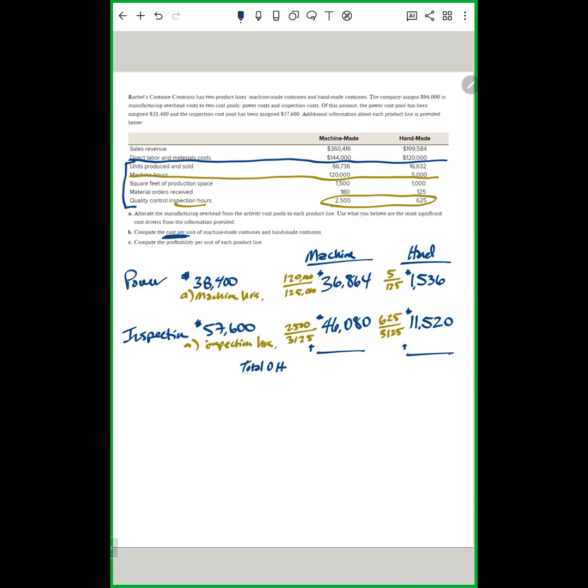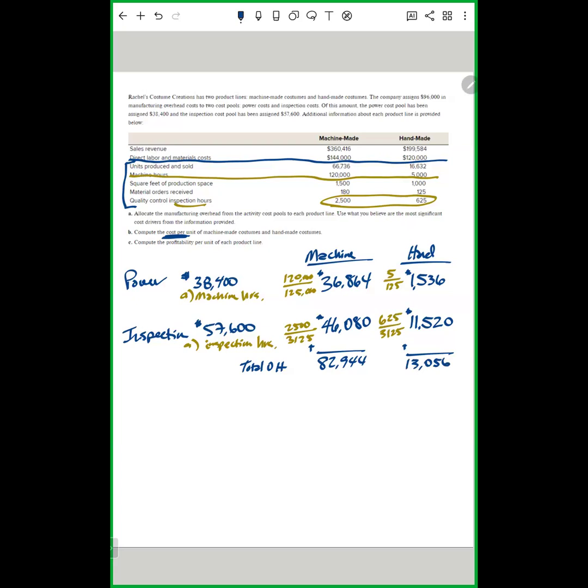So we've got that number captured. 36,864 plus 46,080 gives me 82,944. And then 1,536 plus 11,520 gives me 13,056.